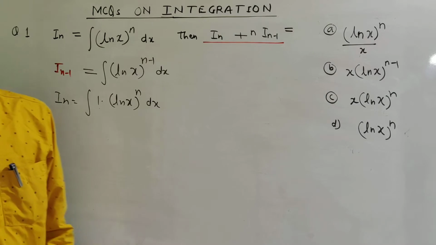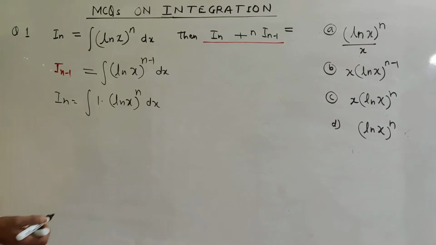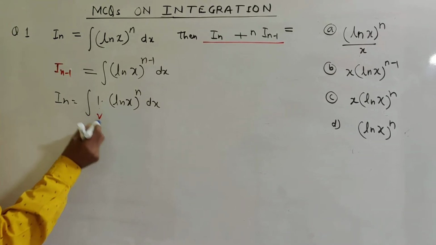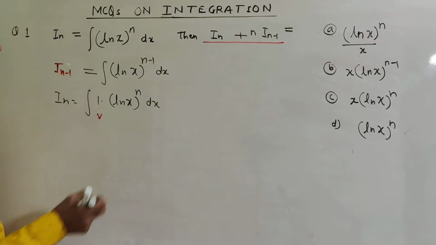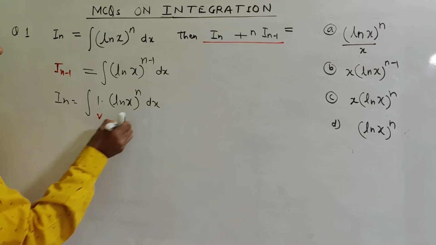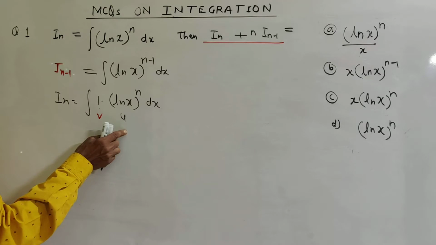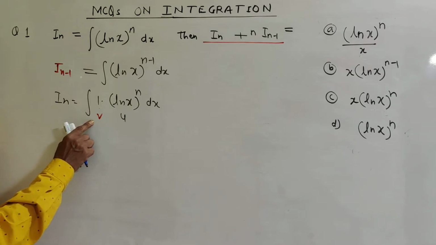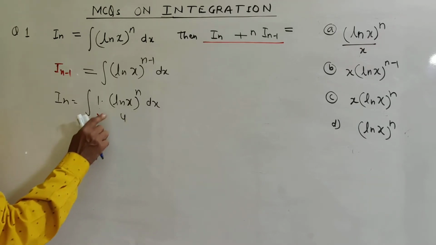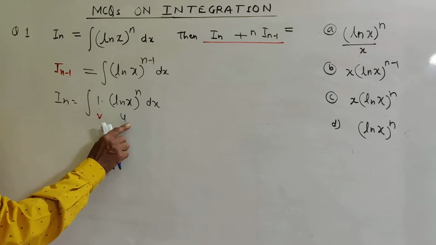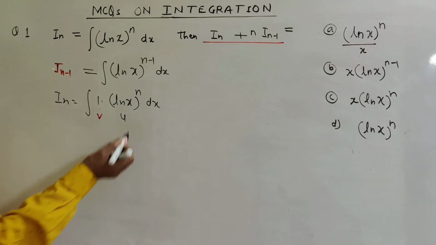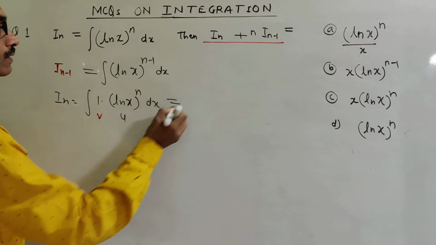integration by parts. In integration by parts, for v we choose 1 as the second function, and this we select as u. So it is u times the integral of v, minus the integral of the derivative of u times the integral of v. So we use integration by parts over here.